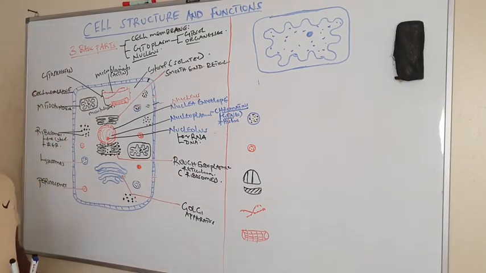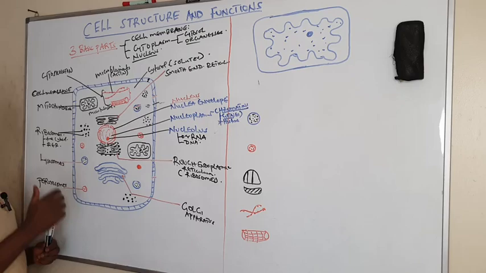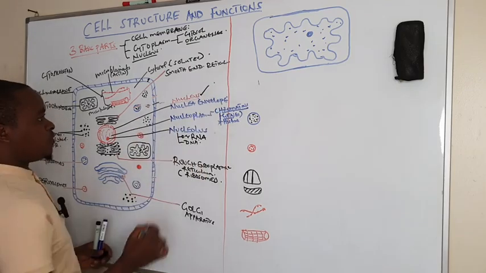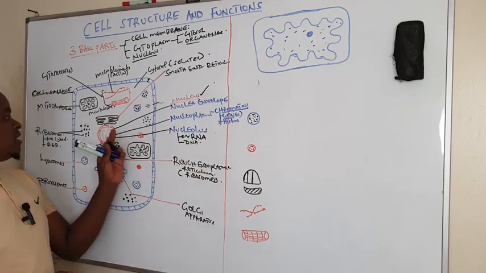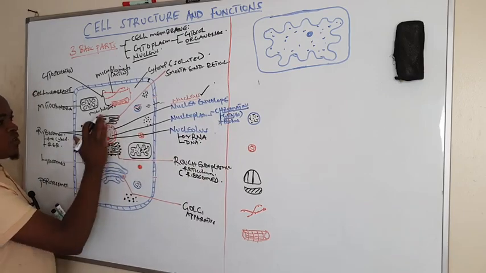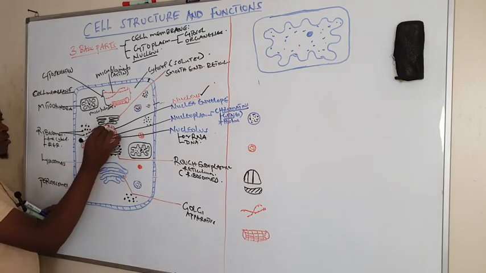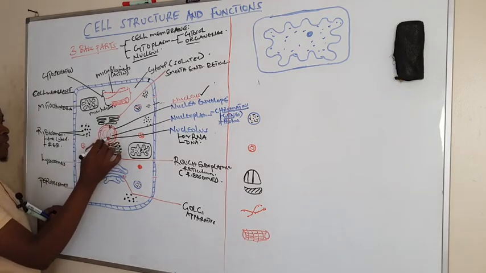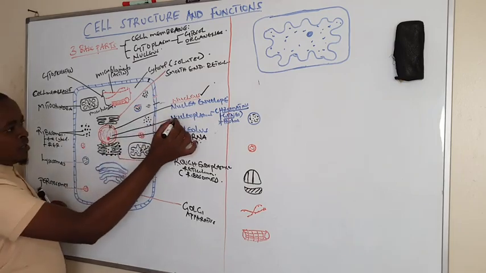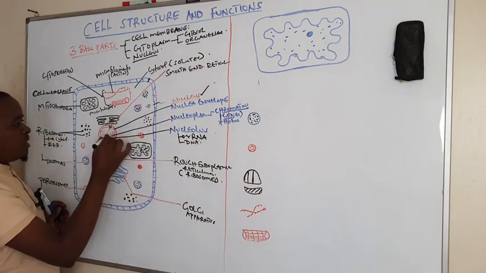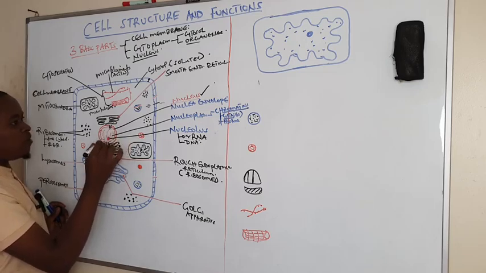And we are going to begin with the nucleus, whereby we have said it is surrounded by the nuclear envelope. And this nuclear envelope has smaller pores. These pores are the ones that allow movement of the new nuclear materials out of the nucleus.